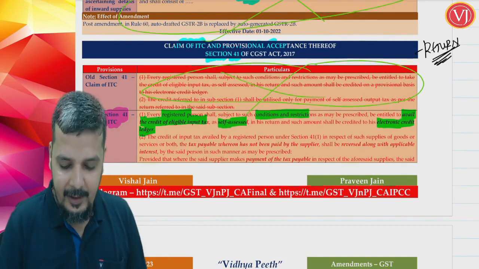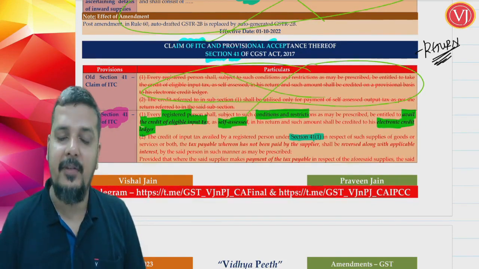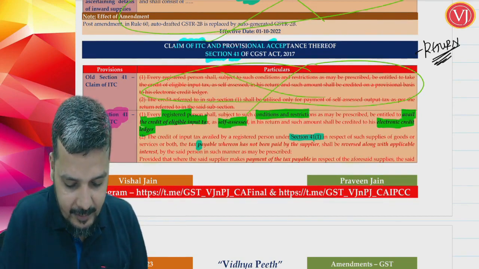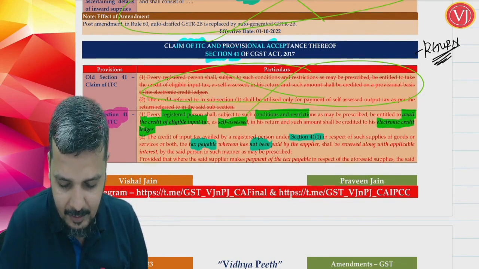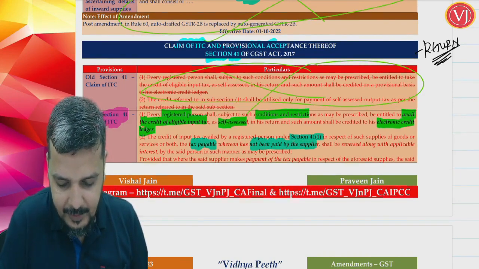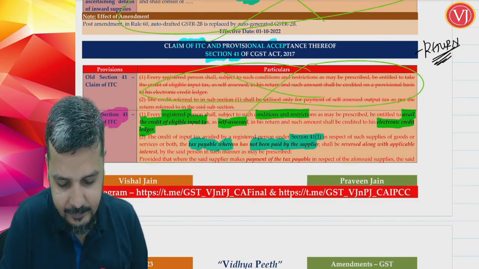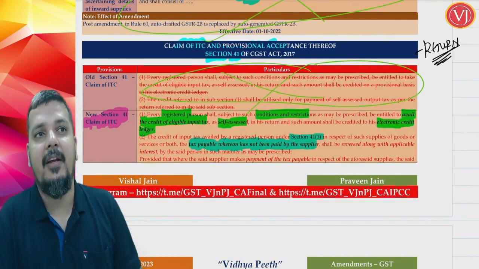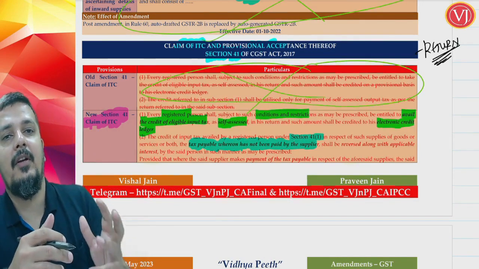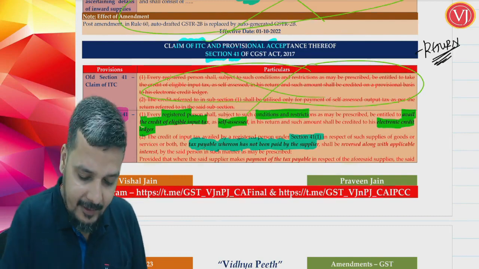The credit availed by a registered person under section 41 subsection 1 in respect of such goods or supplies, the tax payable whereon has not been paid by the supplier, if the supplier has not made the payment of tax. See, in addition to the supplier filing his GSTR 1 or IFF and my getting it in my GSTR 2B, I should ensure that the supplier has also paid the tax.